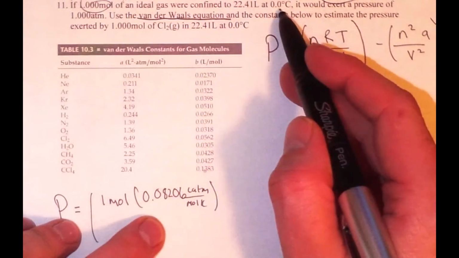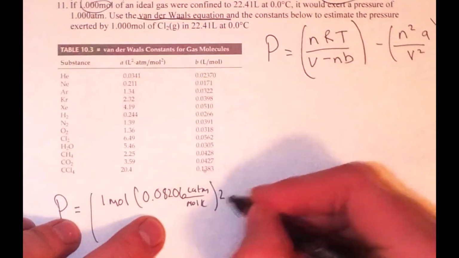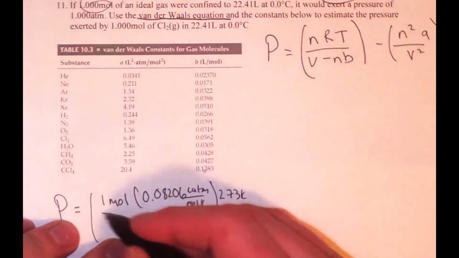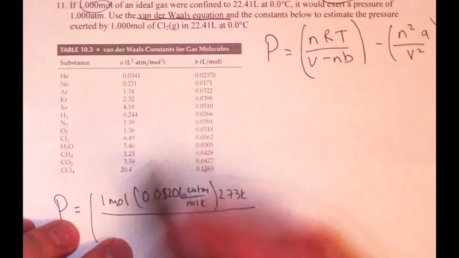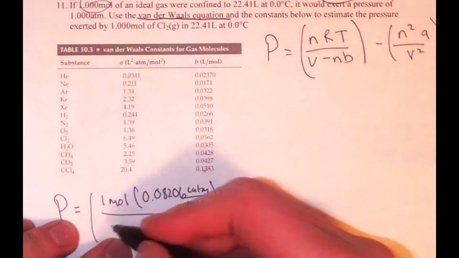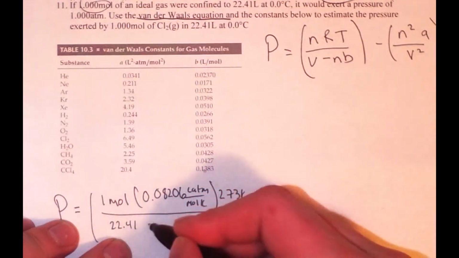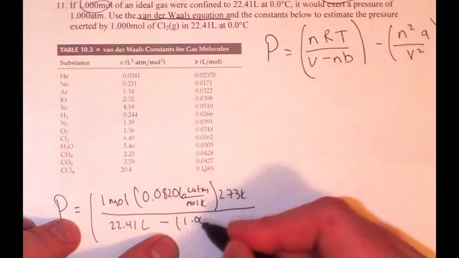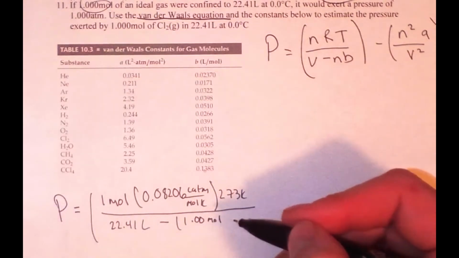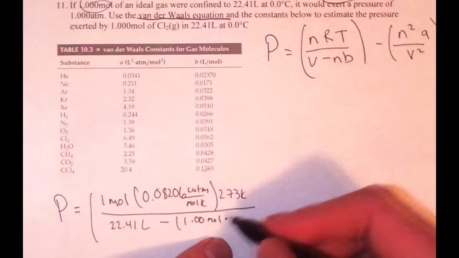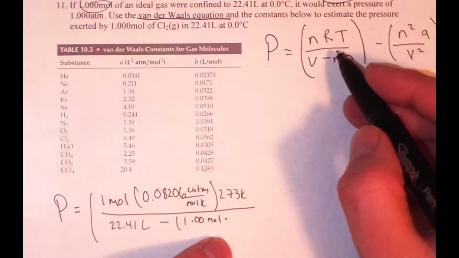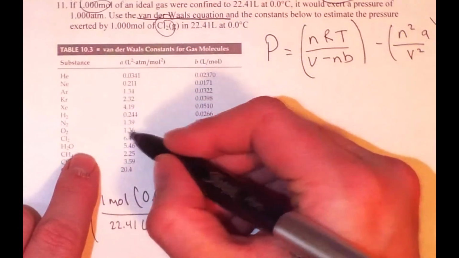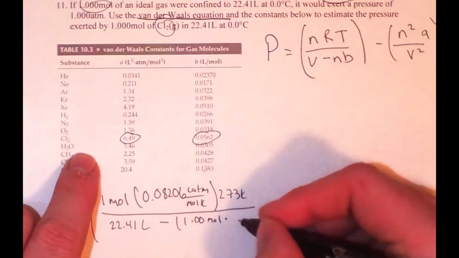Temperature is 0, so 273. Now I'm going to do the bottom. The volume is 22.41 liters. Take away 1 mole times b. So the gas we're dealing with is chlorine. We're going to get chlorine's values.